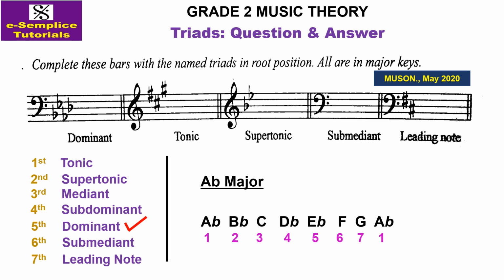So for a dominant triad, it means the root will be the 5th degree, which is E flat. That is the note that will be at the base in the root of your triad. Then a third above that, a fifth above that. Stack as usual before you put them on the stave.